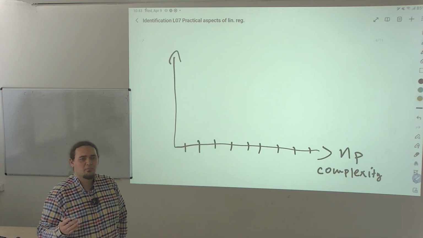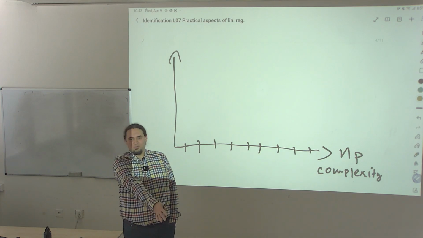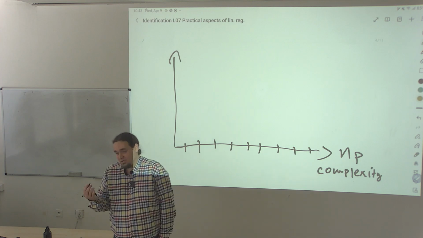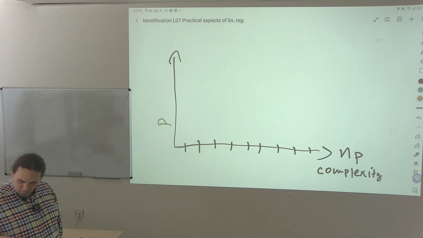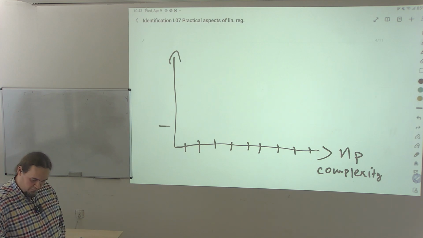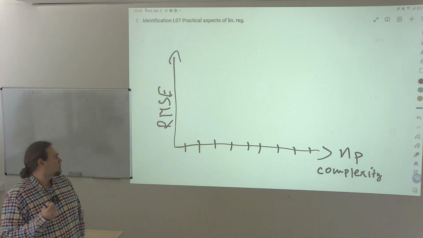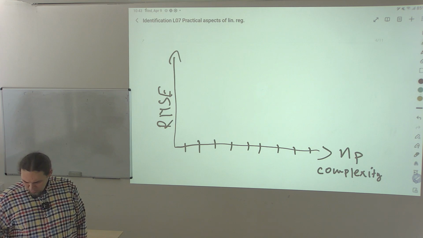So what would happen for our training data? Well, this is the situation with first doing a linear fit, then quadratic, then cubic, and so on until the octic fit. Let's say we are observing some performance of the model. Let's say it will be the root mean squared of the prediction error.